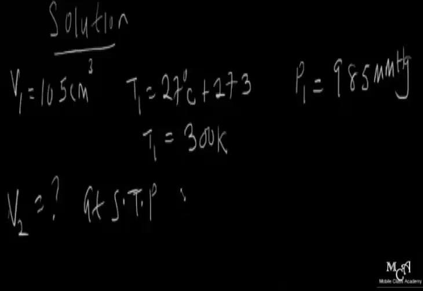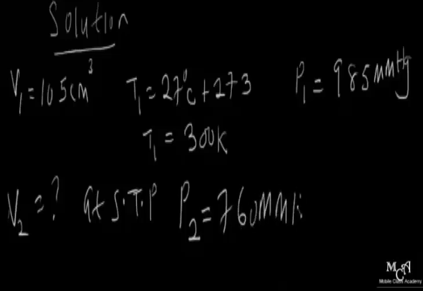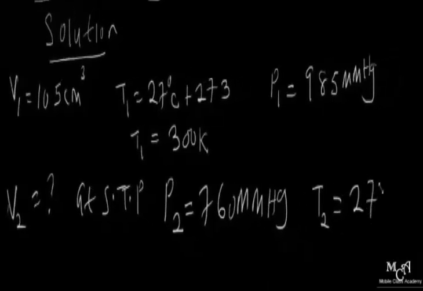That means the pressure, P2, the second pressure this time around, because we have been given the initial pressure, at STP is 760 millimeter mercury. So this STP will tell you that it is a final pressure. Now, at standard temperature, our value T2 is 0 degrees Celsius or 273 Kelvin.